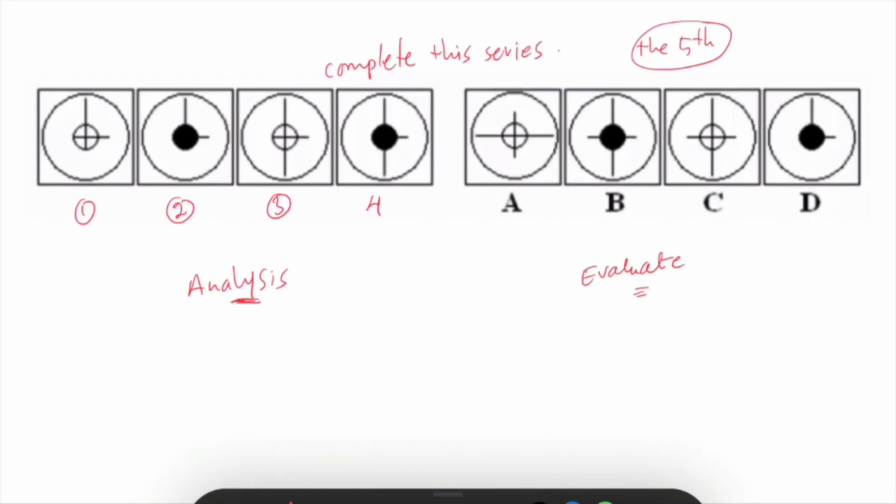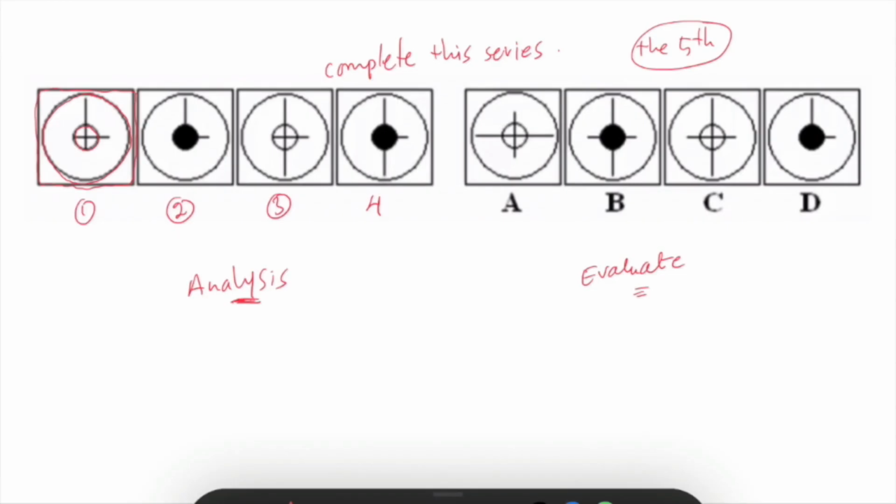Okay, let's focus here on the facts we analyze, the patterns. So number 1, 2, 3, 4. We notice that there is an alternation. Each pattern has a large square, and in the inner part a large circle and a small circle.